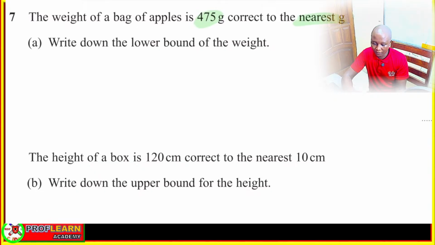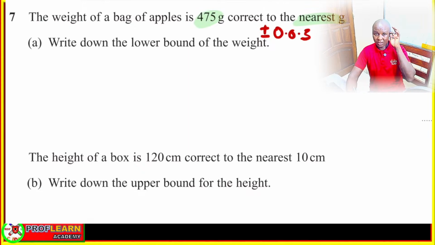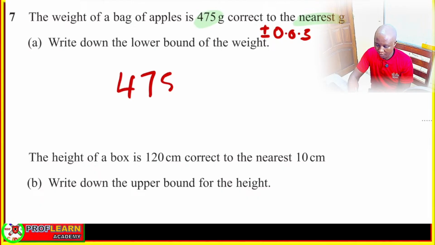So which means that if you are told correct to the nearest gram, then what you are going to add or subtract is 1 gram divided by 2. So this is going to be plus or minus 0.5. Whatever value you are told to the nearest, that's the one you take and divide by 2. Then for the lower bound, you are going to say 475 minus 0.5.